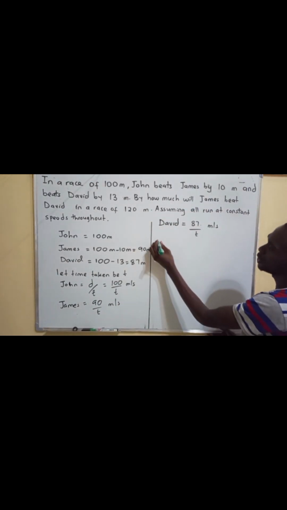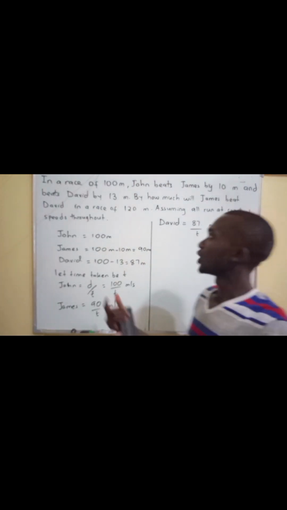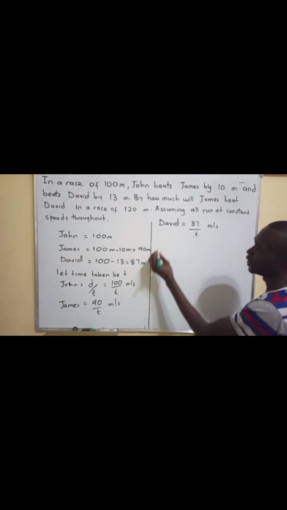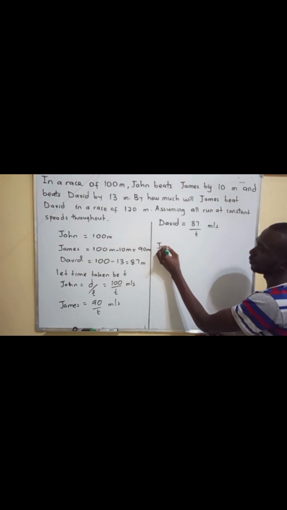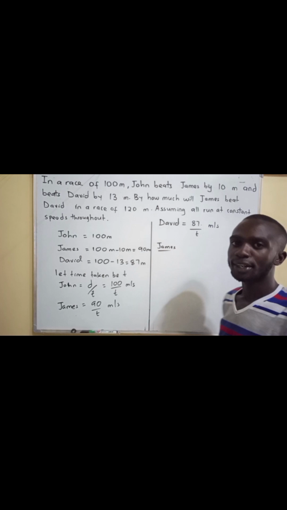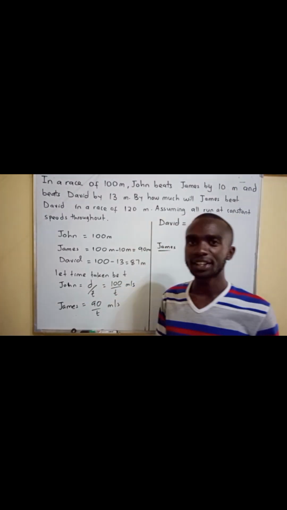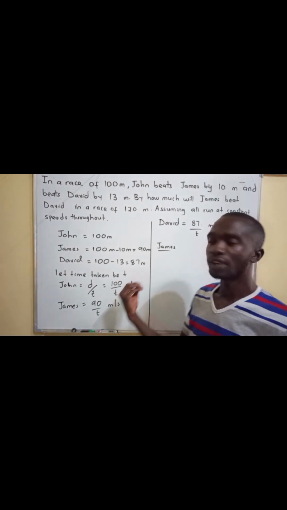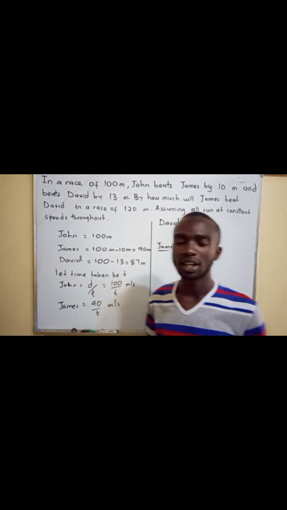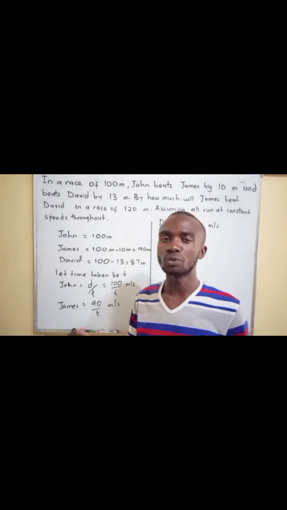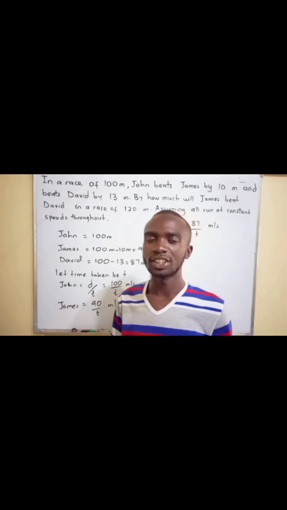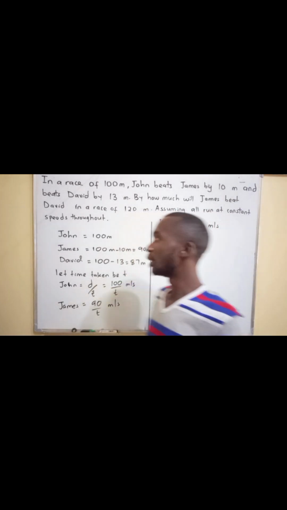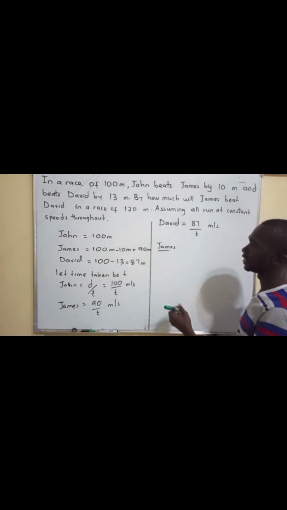So for James, we find the time taken for James to run a race of 120 meters with a given speed of 90 over T meters per second. That time is the one which will help us find the distance covered by David in the same time taken by James to complete the same distance.